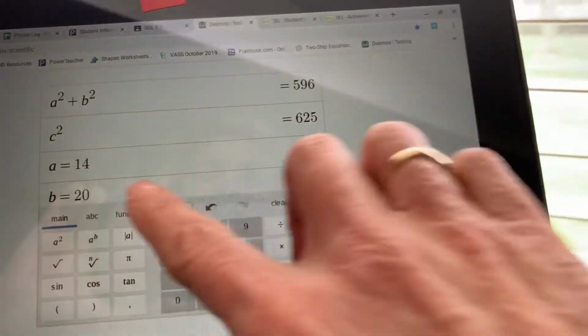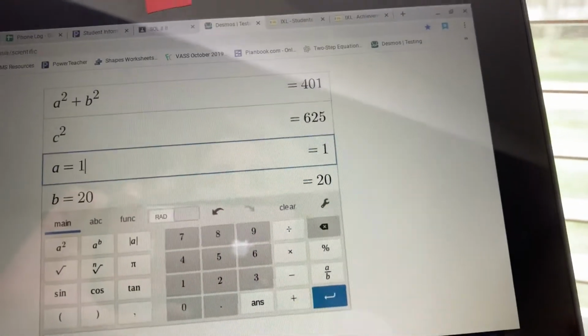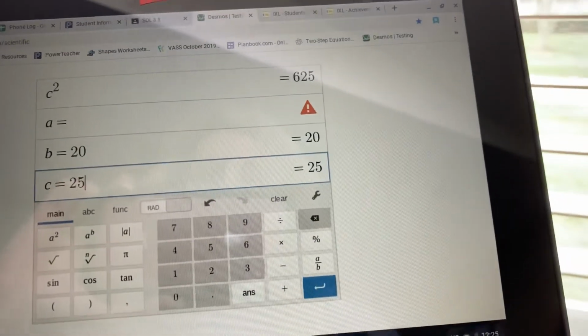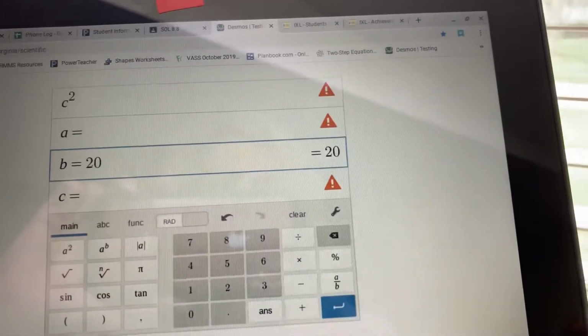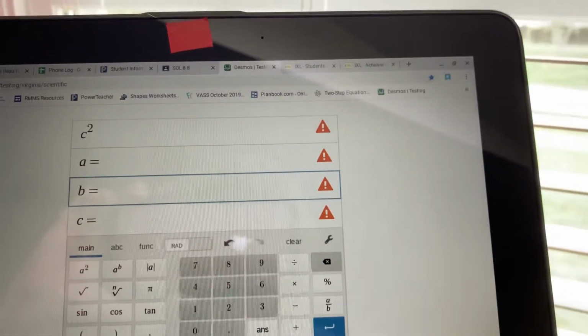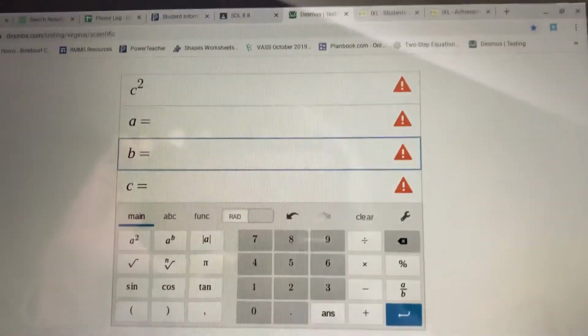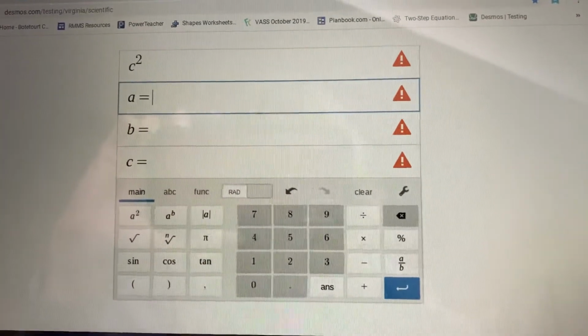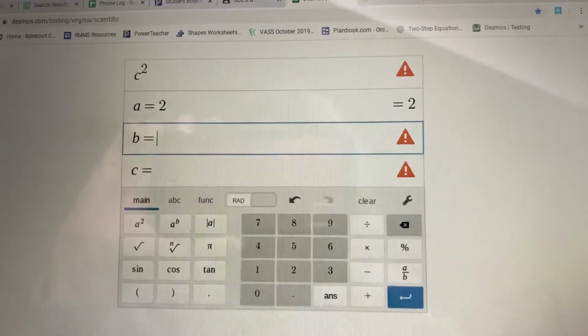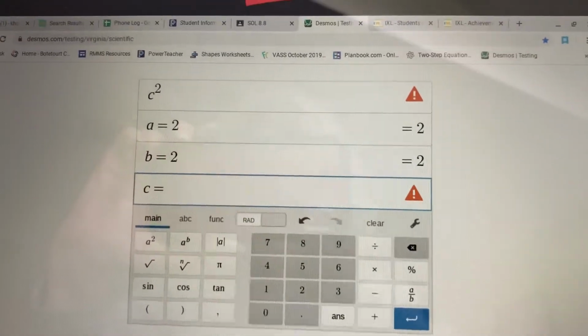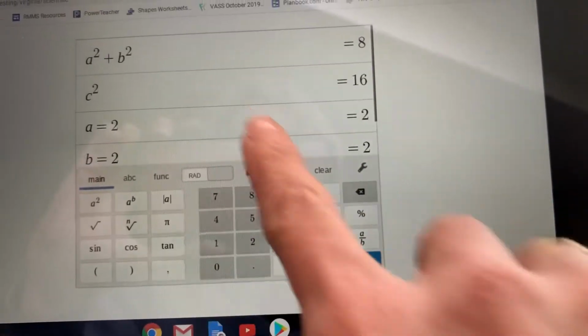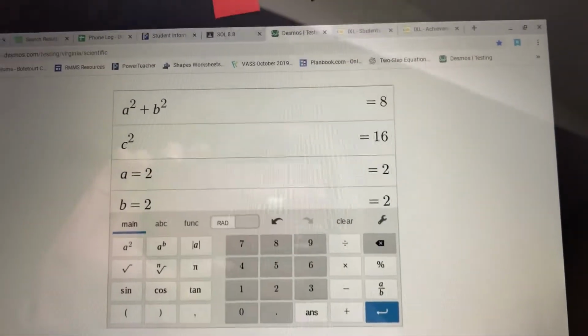Okay, so let's try letter D. Let's get rid of these numbers. All right, so we're on letter D, 2, 2, and 4. So let's try that. I'm going to go up and go 2, 2, and 4. And we have 8 and 16, so that didn't work.